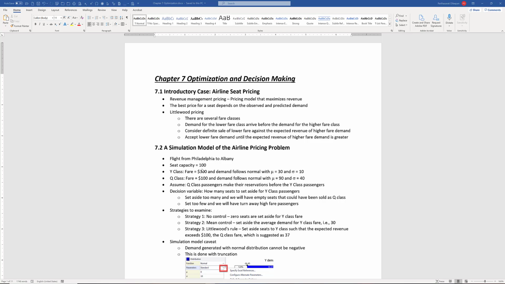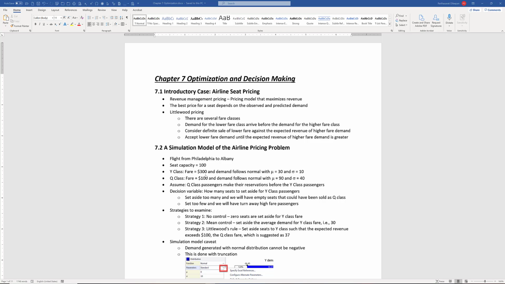But we can do that only as long as the probability of selling this is at least a third. If the probability of selling is a third, then the expected revenue is 1/3 times 300, which is 100, which is the same as Q class.